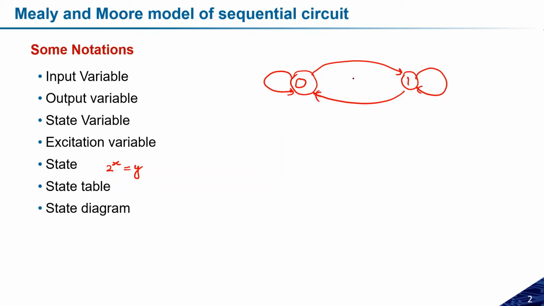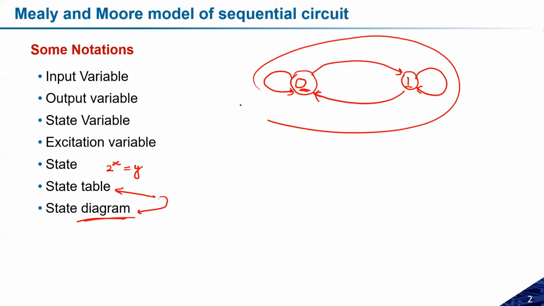So generally we represent states as either 0 or 1, by their binary equivalent. The information available in the state table is represented graphically in the state diagram. Whatever information is available in the state table is represented in graphical terms. This representation we call the state diagram. We have already seen it for the flip-flop. So this is what the state diagram is.